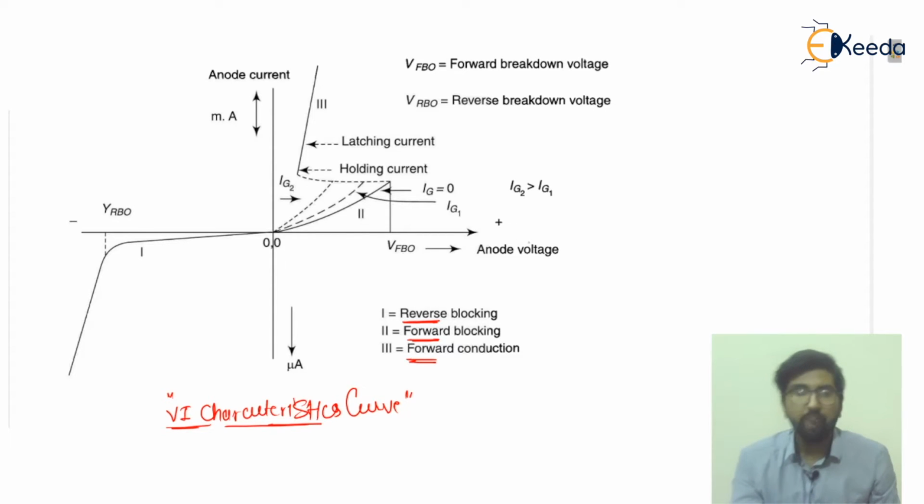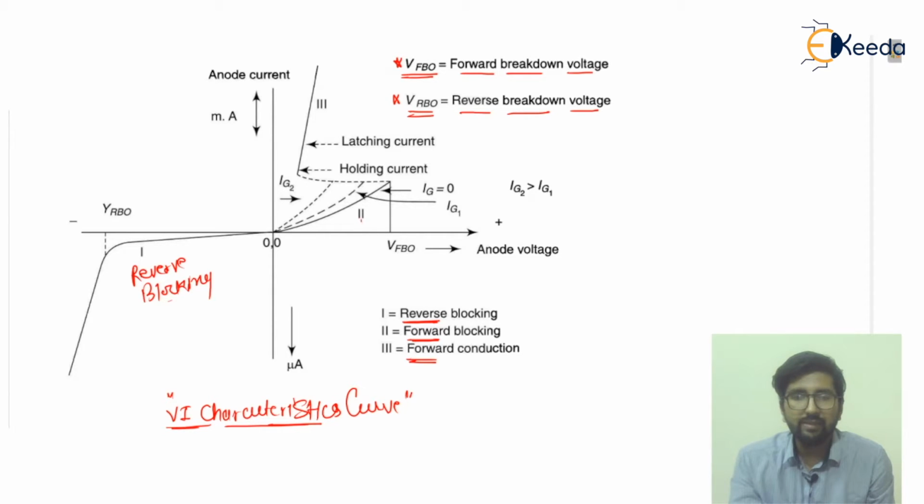So one by one I am going to discuss here. Some of the points are discussed here as VFBO and VRBO. What is the VFBO? That is the forward breakdown voltage. And what is the VRBO? That is the reverse breakdown voltage. This is mode 1, that is called the reverse blocking. Here the reverse blocking will happen.